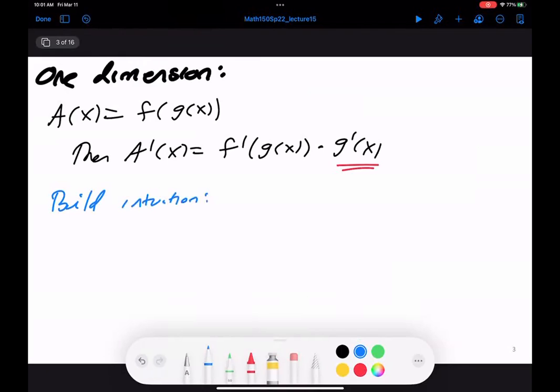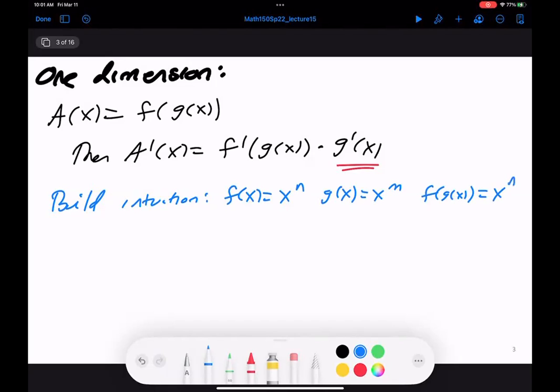So to do that, I need functions f, g, and a so that I understand the derivative of f of g of x in several different ways. So let's take maybe f of x is x to the n, g of x is x to the m. So what would f of g of x be?